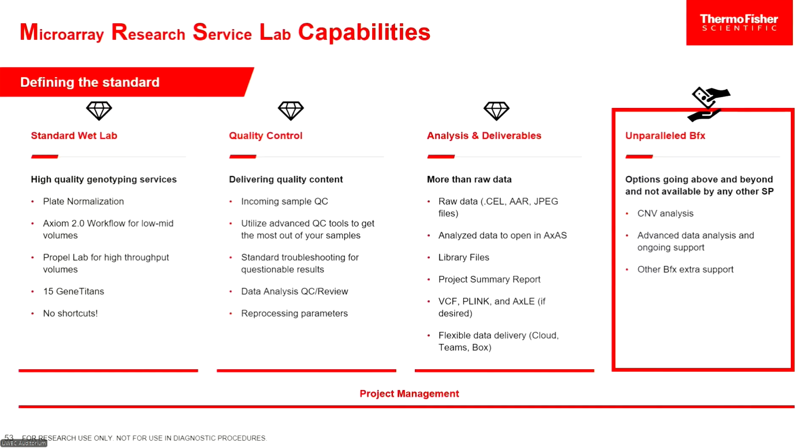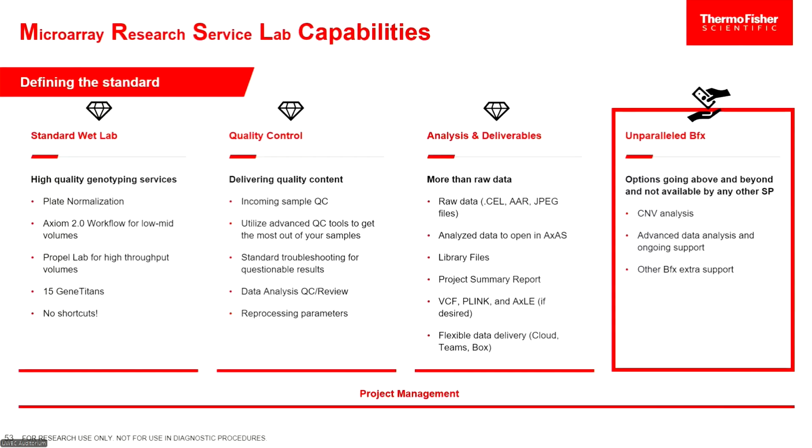With our microarray service lab, you are able to send either tissue or extracted gDNA. And once we receive the gDNA, we're able to turn around results for any sort of pilots in anywhere between 5 and 7 weeks. So you'll receive the genotyping reports, and we'll have a nice wrap-up call with some of our experts if there are any questions on copy number, library files, or any sort of output that you're expecting.